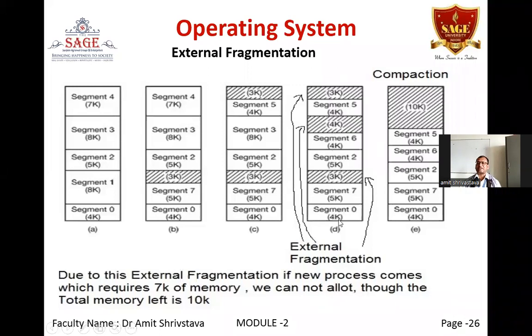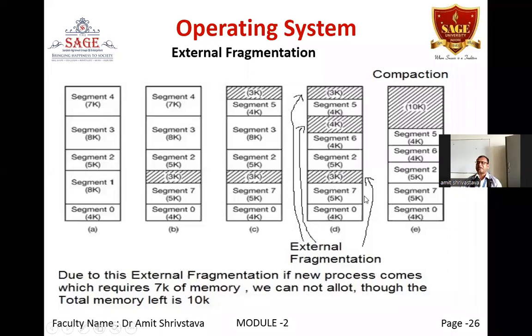So this scattered free memory is known as external fragmentation. Now what is internal fragmentation? Let us assume that a new process comes which requires 3K minus 1 byte, so 1 byte less than this 3K. What we are going to do is allocate that process the complete 3K of memory.